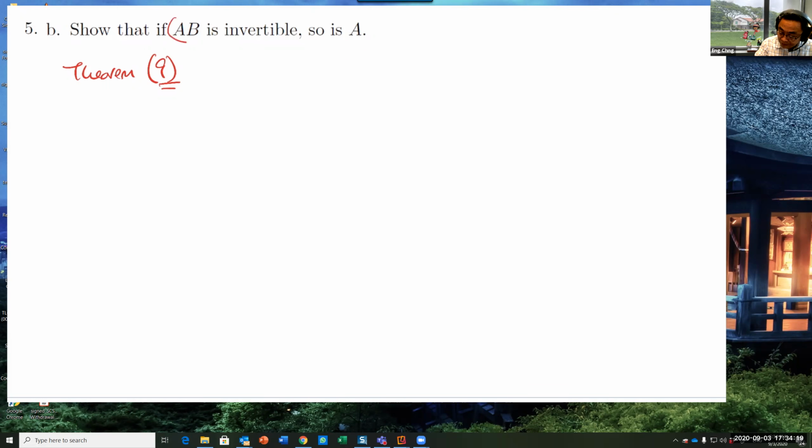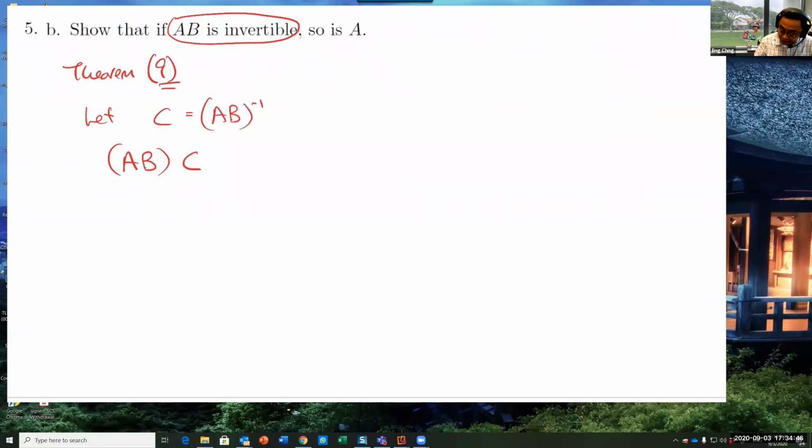So AB is invertible. What does it mean? Well, let C equal AB inverse, because he already tells you AB is invertible. Now, what about ABC?